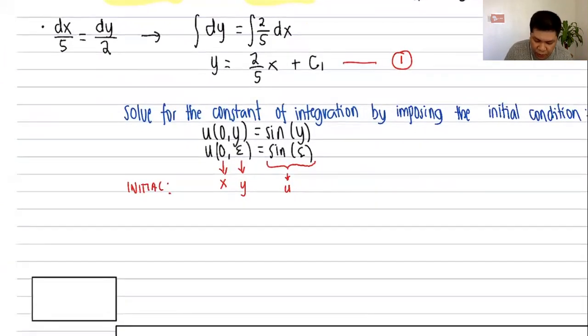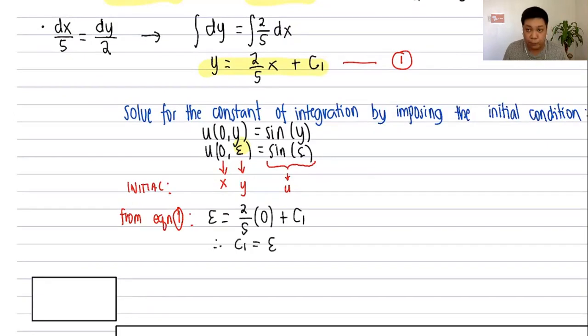From equation number 1, I'll impose the initial conditions. y, from our initial condition, is just epsilon, correct? So epsilon equals 2/5 times x, but x in our initial condition is 0, plus C1. Therefore, C1 is equivalent to epsilon.